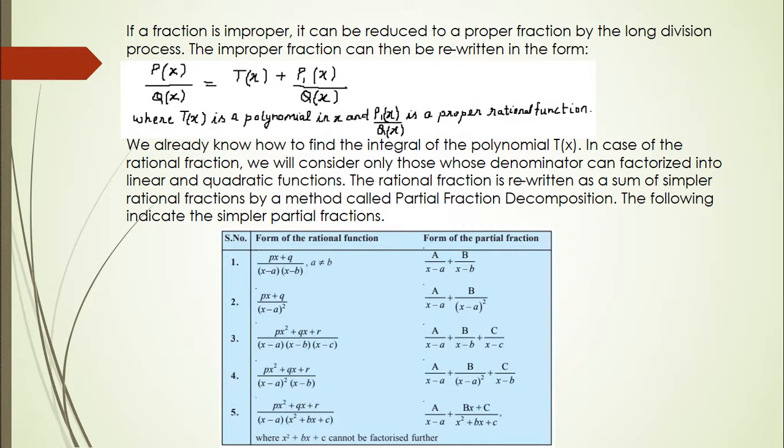If a fraction is improper, it can be reduced to a proper fraction by the long division process. The improper fraction can then be rewritten in the form p of x divided by q of x is equal to t of x plus p1 of x divided by q of x, where t of x is a polynomial in x and p1 of x divided by q of x is a proper rational function.